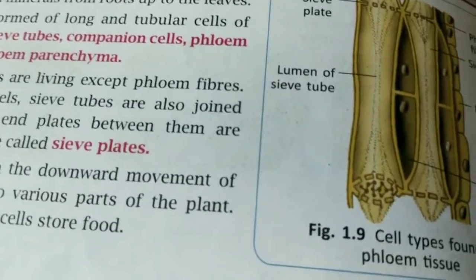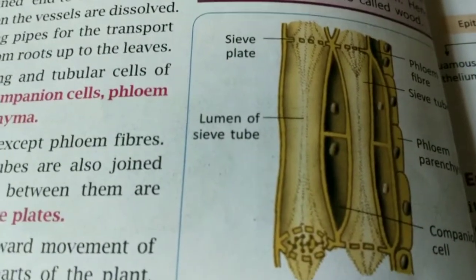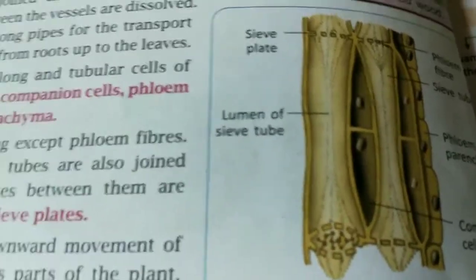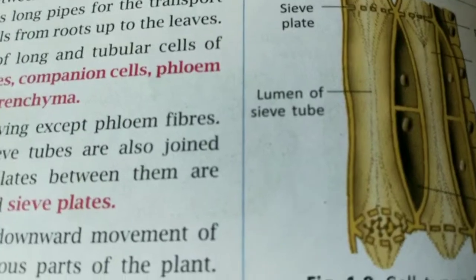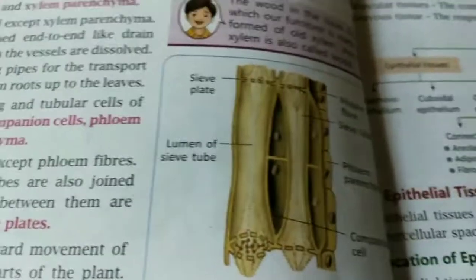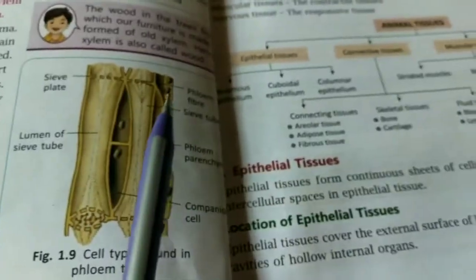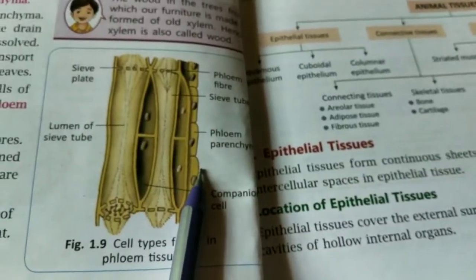See, the end plates in the phloem are perforated. So these are sieve plates, and sieve tubes are also joined end to end. So end to end joining is there, and the sieve plate is perforated. The parenchyma cells in the phloem store food.